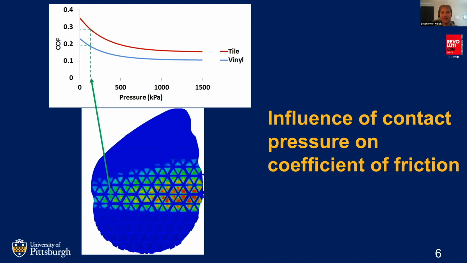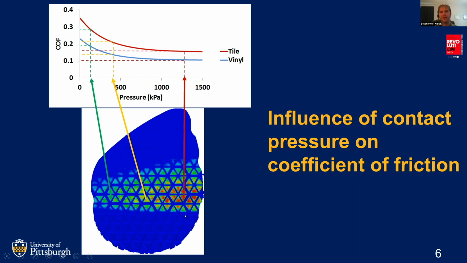We can think of pressures as being represented by a heat map where the red regions are our high pressures and the green regions are our low pressures. In this region of the shoe, we have low contact pressures, which are giving us relatively high coefficient of friction values. These regions here give us moderate contact pressures in the yellow region, and that's giving us slightly lower coefficient of friction values.